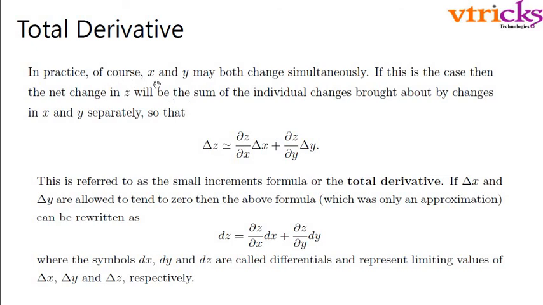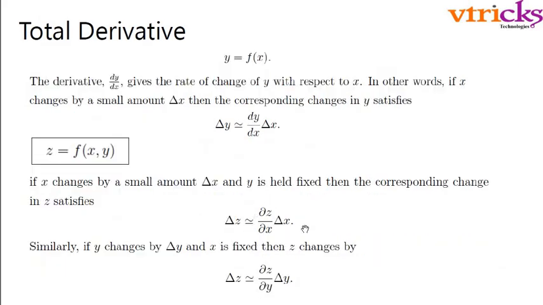So in practice, both x and y may change simultaneously. If this is the case, then what is the net change in z? This will be the sum of individual changes brought about by the changes in x and y separately. So the change in z by x alone is this expression. Because of a change in x, you have del z by del x into delta x.